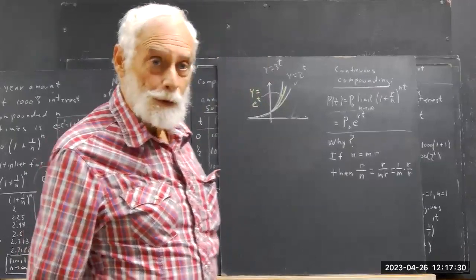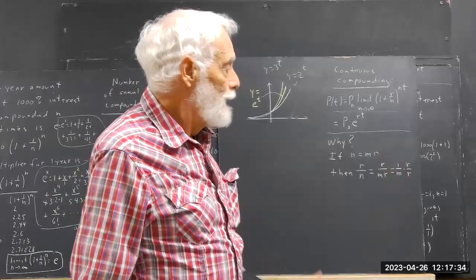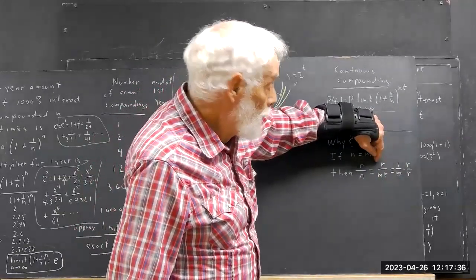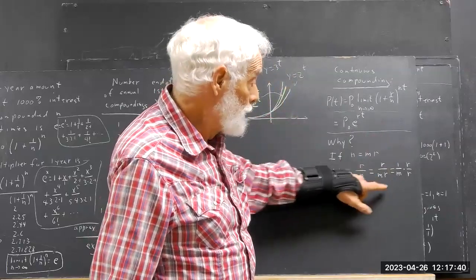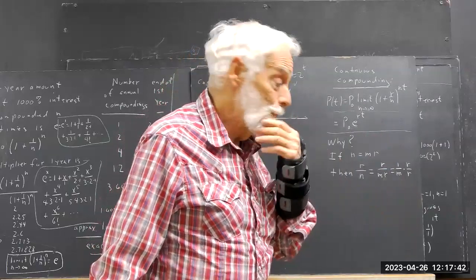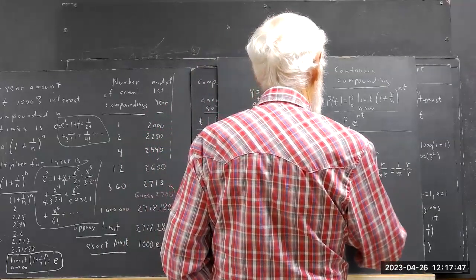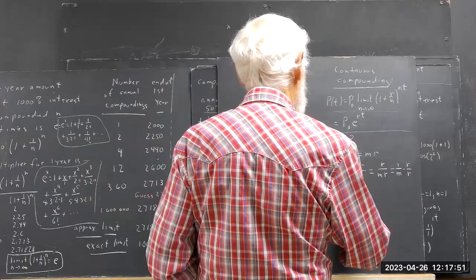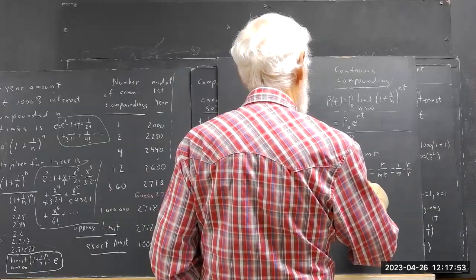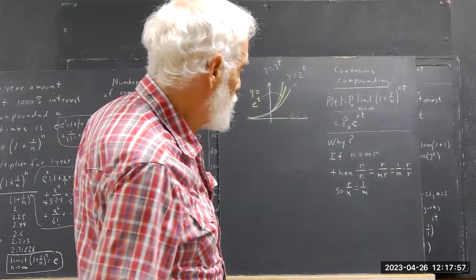I could write this fraction this way because the numerator is still r: if I multiply 1 by r, I get r. The denominator is still m times r. So r over n equals 1 over m.